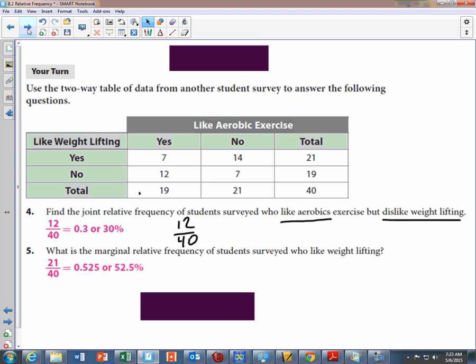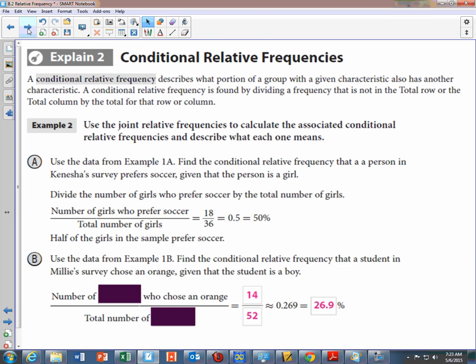Now, the last thing we're going to talk about is conditional relative frequencies. A conditional relative frequency, I'm reading from this paragraph right here, describes what portion of a group with a given characteristic also has another characteristic. It's like, okay, I know that what I want to talk about are girls, so that's our given. When I know what we're talking about, it's going to use the word given.